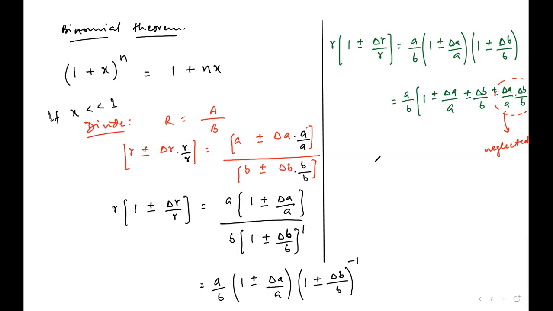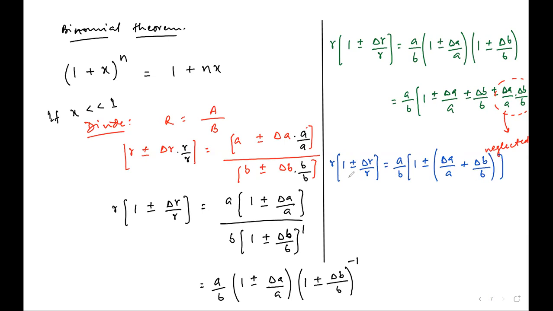So what we're left with? R(1 plus minus delta R by R) is equal to A by B (1 plus minus, taken out common, delta A by A plus delta B by B).